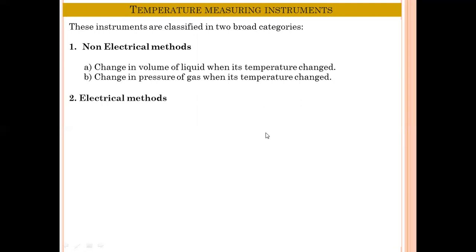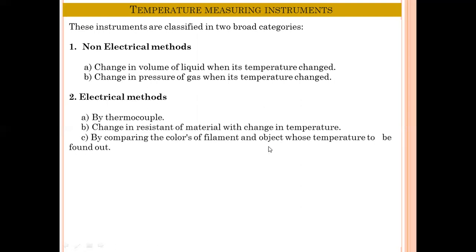Whereas in electrical methods, we can measure the temperature with the help of a thermocouple, or the change in the resistance of a material with change in its temperature, or by comparing the colors of a filament and the object whose temperature is to be found out. So these are the two methods generally used for the measurement of temperature: non-electrical methods and electrical methods.